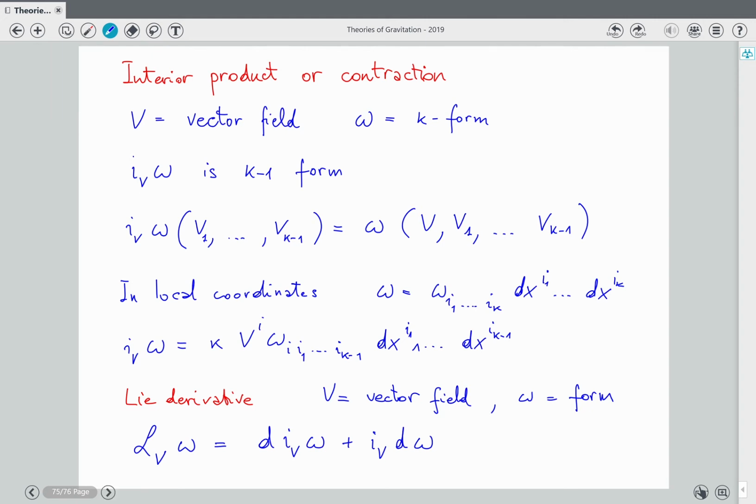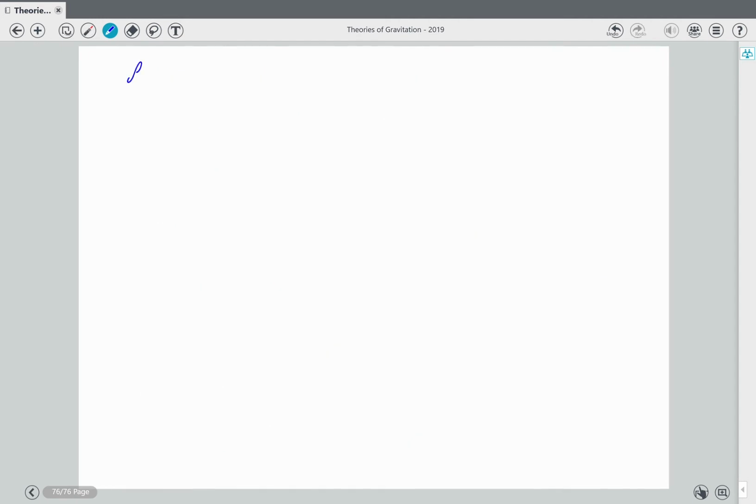So you can also write schematically L_V = d i_V + i_V d. So let's see some examples of Lie derivatives, and then we will see more precisely the geometric meaning.